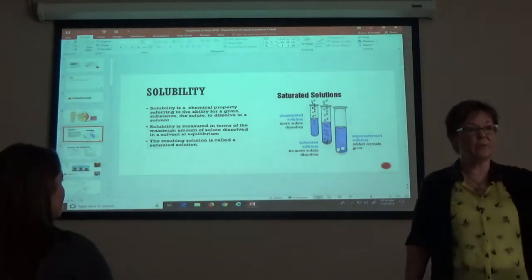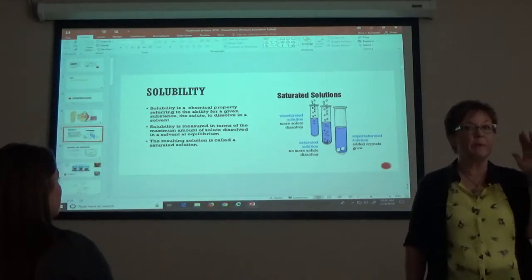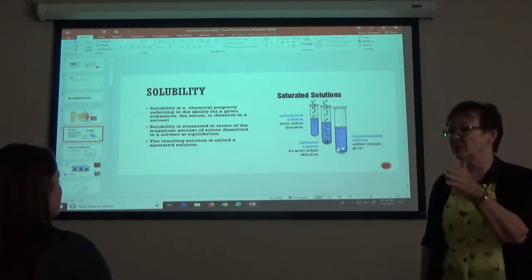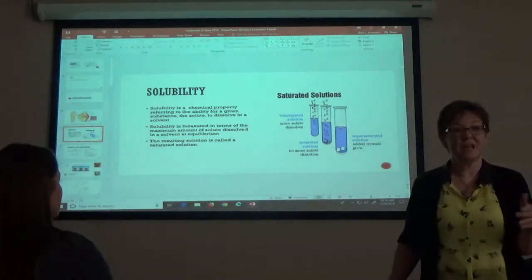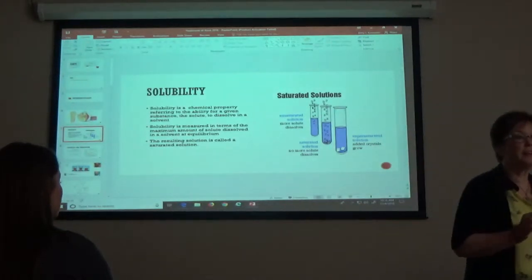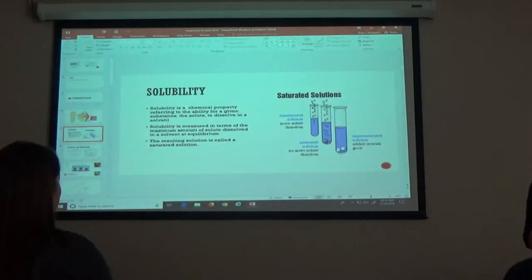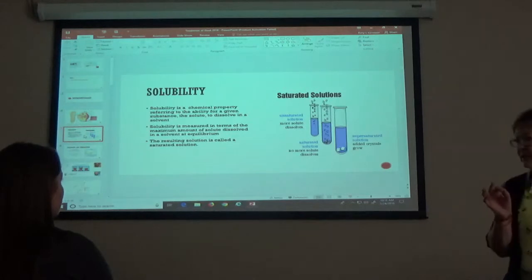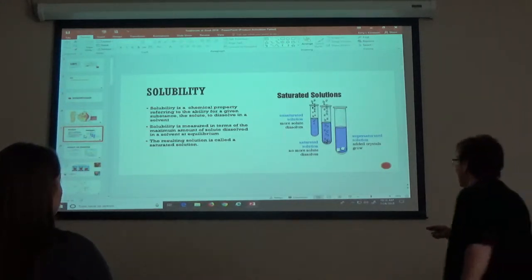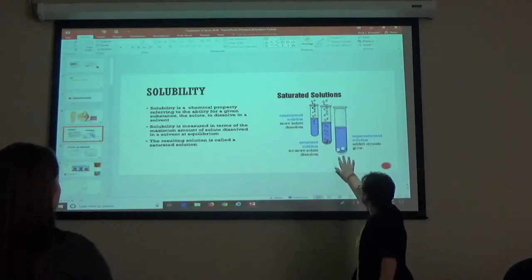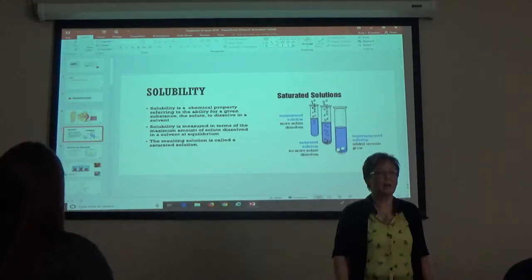But the saturation point is when you have the maximum amount of solute in a solvent and it stays in solution, right? For uric acid, that is about 6.4. So you could conceivably start to see precipitating out and those crystals moving once you get above that.